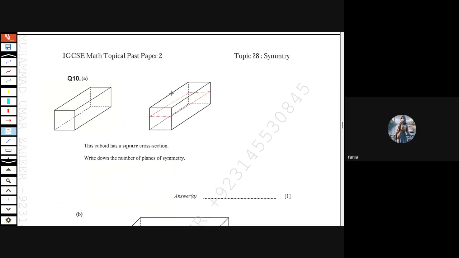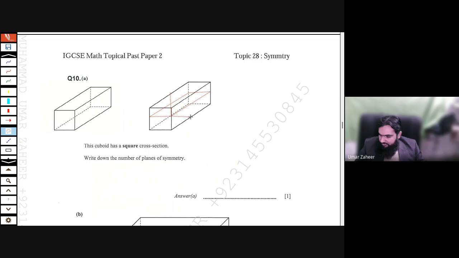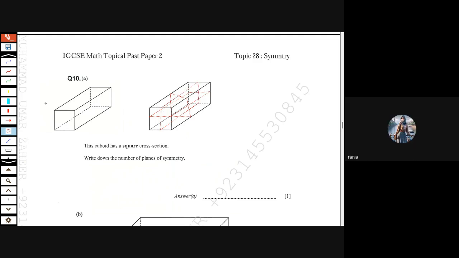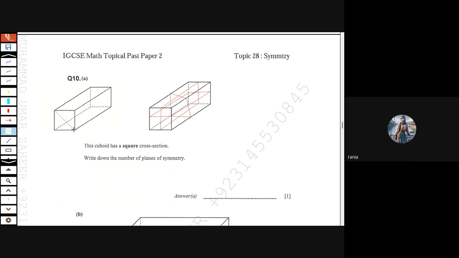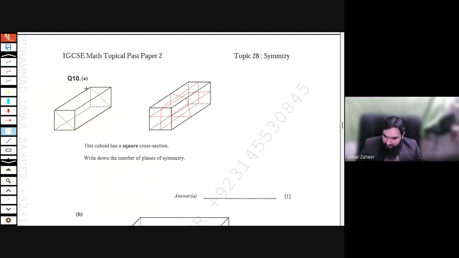Sir, 1, 2, and 3. These three are clear. And we have 2 in the diagonal, because in a square we can make a diagonal, and the second diagonal is going to be like this. We are not able to draw any other. All right, the reason is, for example, if you try to make it like this.